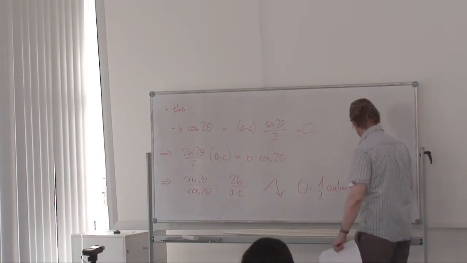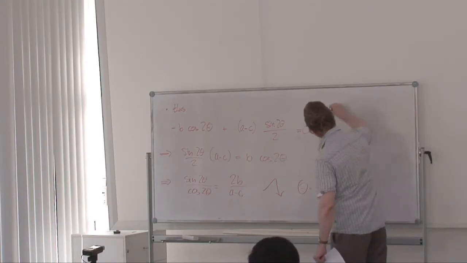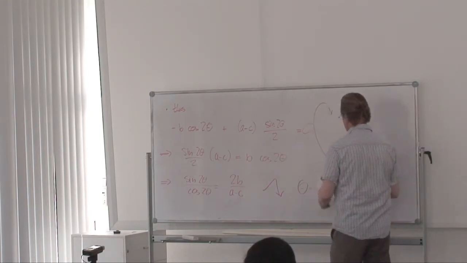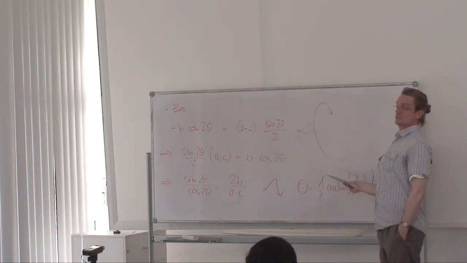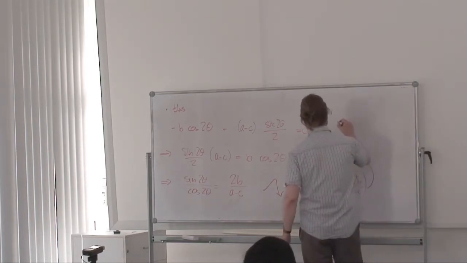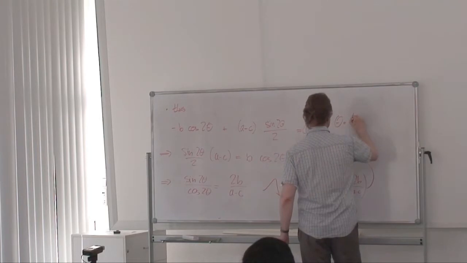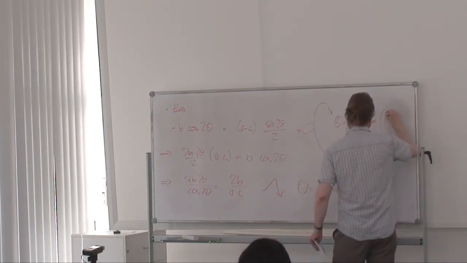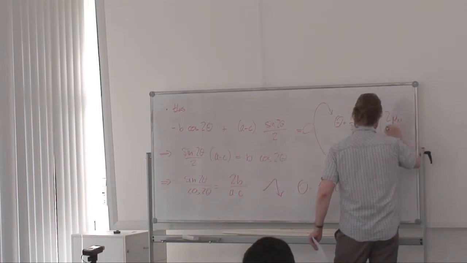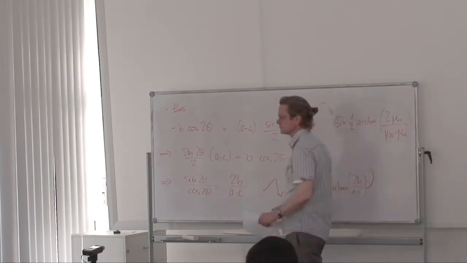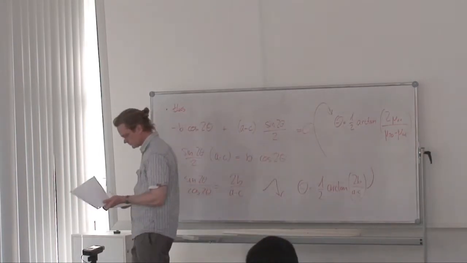And if we now replace the a's and b's with the central moments, which are just a shorthand, we have theta is 1 over 2 arc tan of 2 mu 1 1 over mu 2 0 minus mu 0 2.